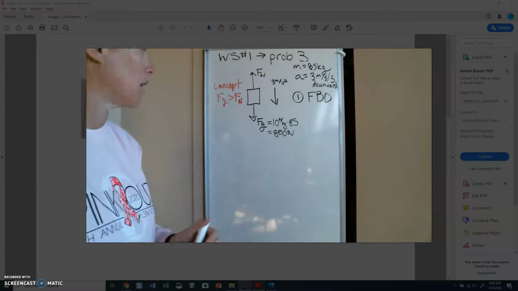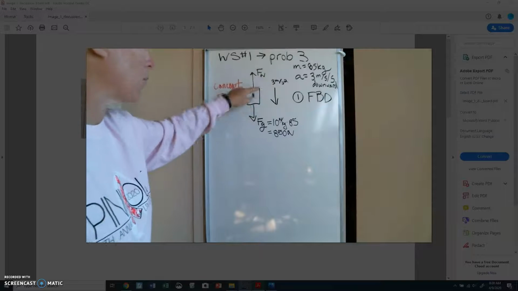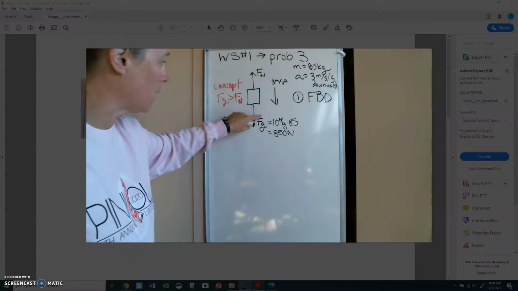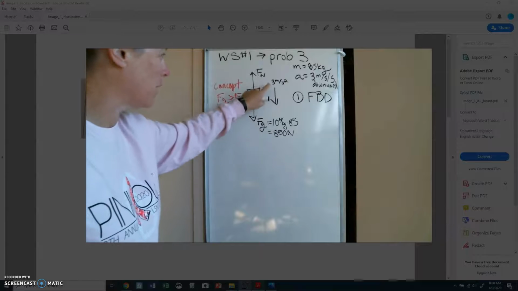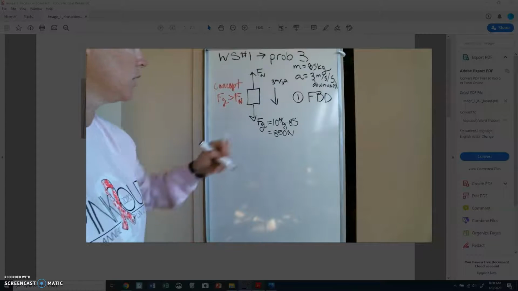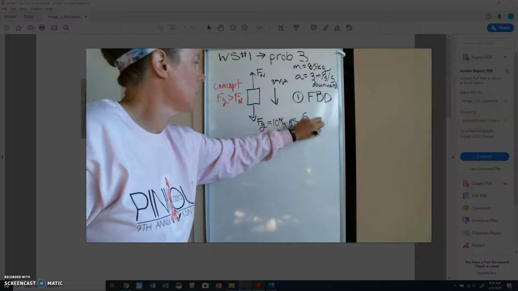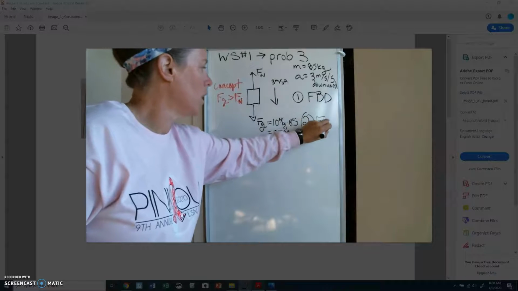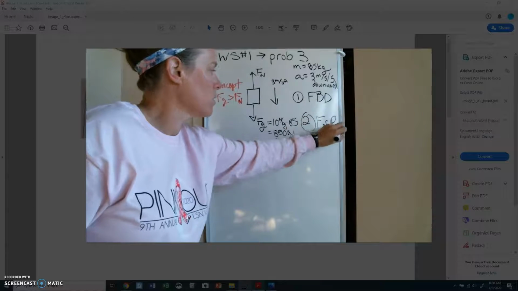So that's kind of the concept. All right, so that's step one. Step one is the free body diagram, and then I put some quantities on there, and I put the direction of acceleration, okay?